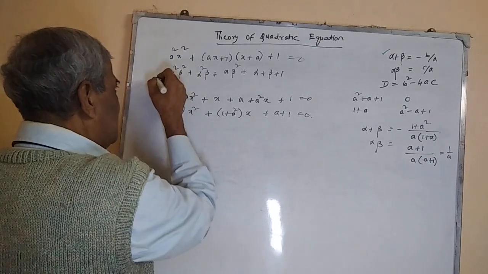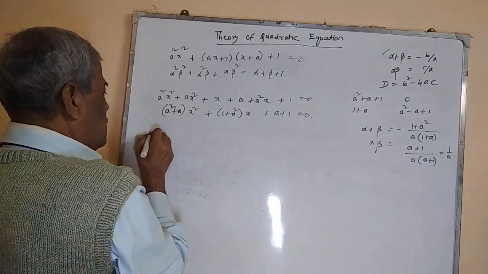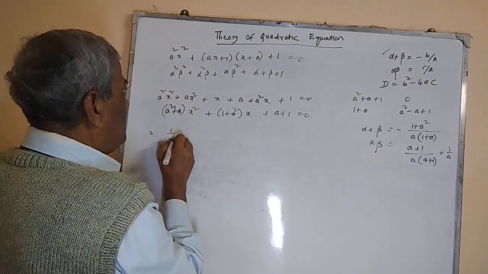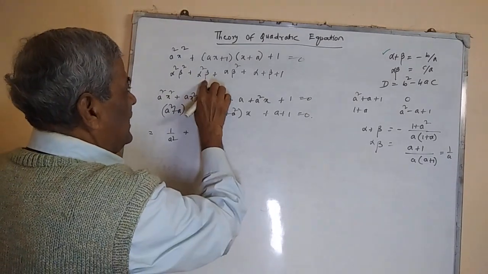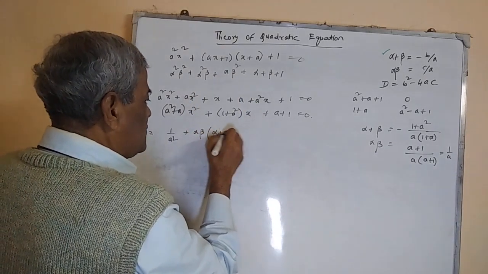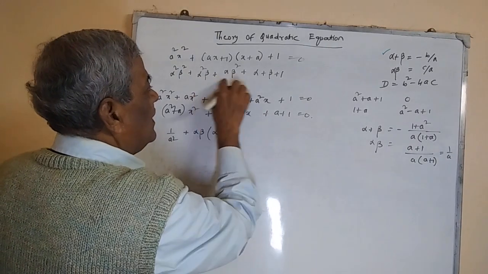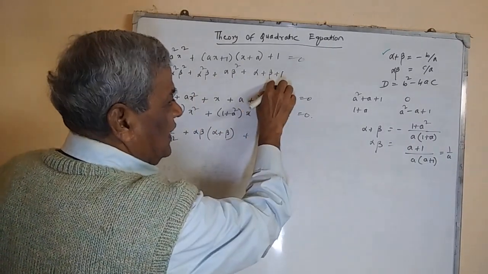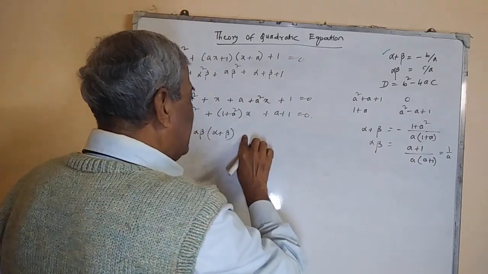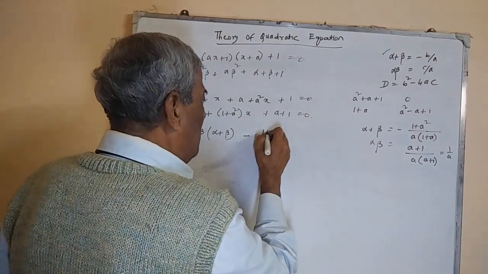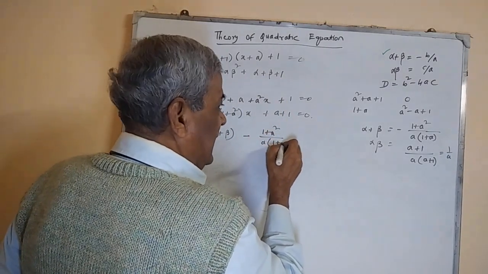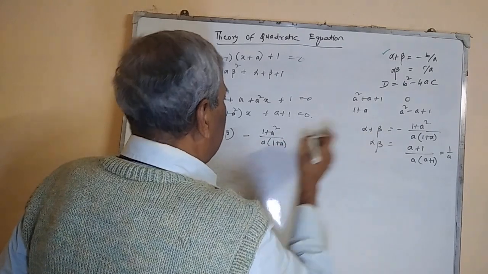It is given in terms of symmetric functions of alpha and beta. This becomes alpha beta whole square, that is 1 by a square, plus, taking alpha beta common, alpha plus beta into (alpha plus beta plus 1).